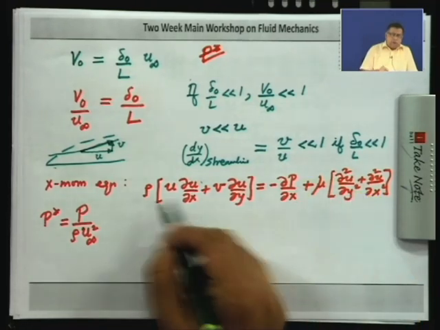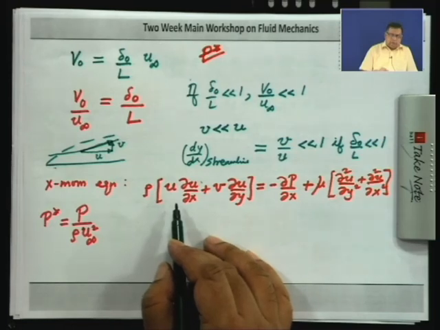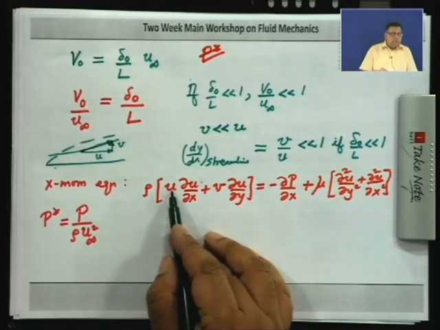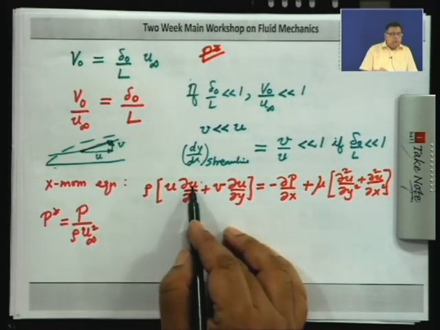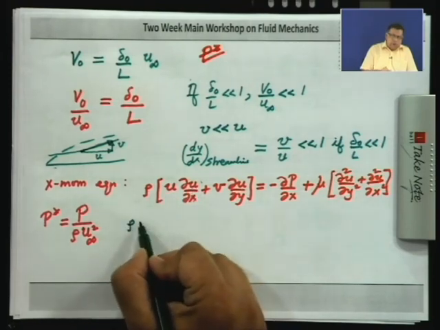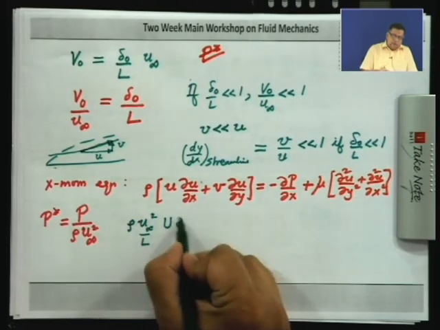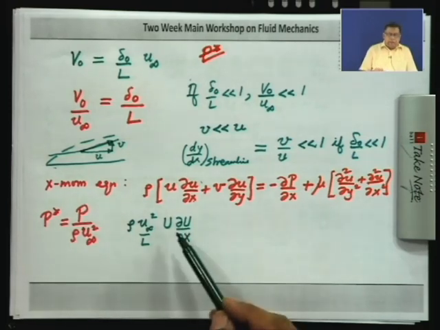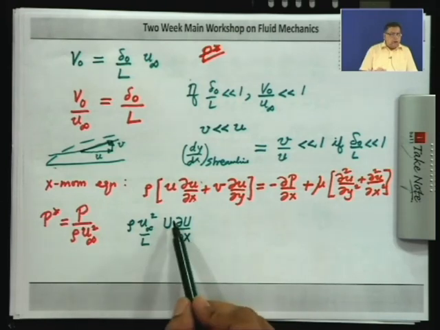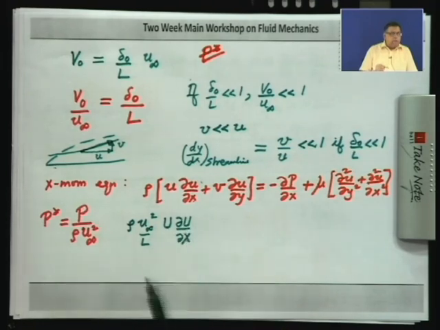Now, I will write this equation by introducing the non-dimensional variables. So, this u I am going to write as u infinity times capital U, and this x I am going to write as L times capital X. So, you will see that here you will have a term rho u infinity squared by L into U del U del X. Now, the advantage of writing in this form is we are trying to argue that capital U del U del capital X is order 1 if our scales are correct.